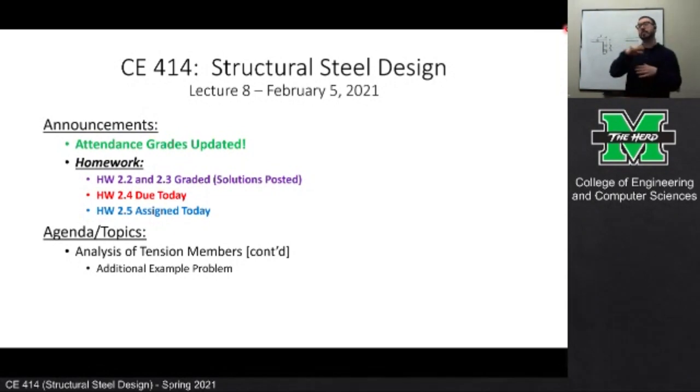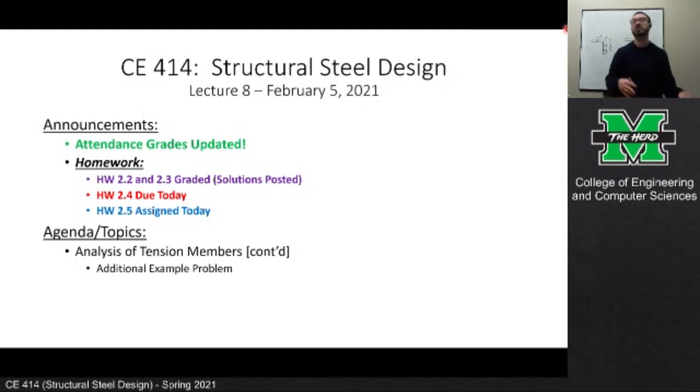Now, you're also bringing up another point, that is that for that problem, it didn't matter, because when you did the gross section yielding check and the net section fracture check, you found that gross section yielding ended up governing. The point I'm making there is that's why we check both, right? There are 2 limit states. There's actually going to be 3 limit states later on in about a week or so, and you check them all, and whichever one is the controlling one is the one that governs your design.